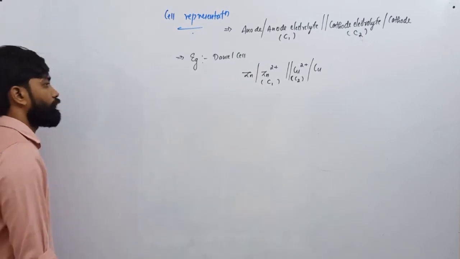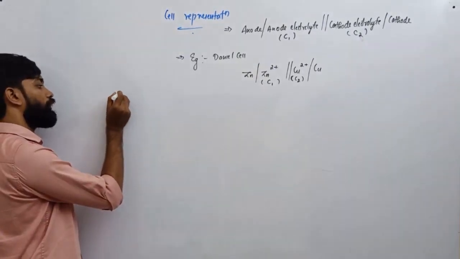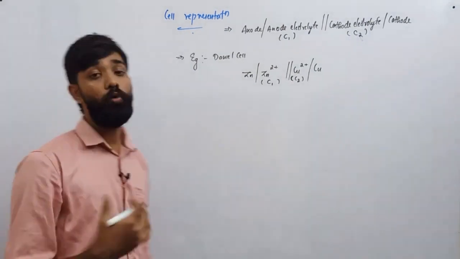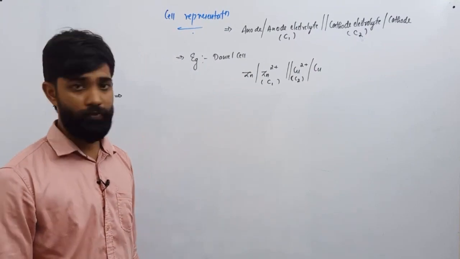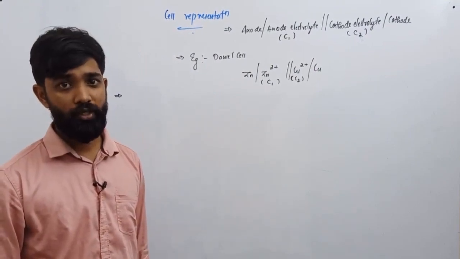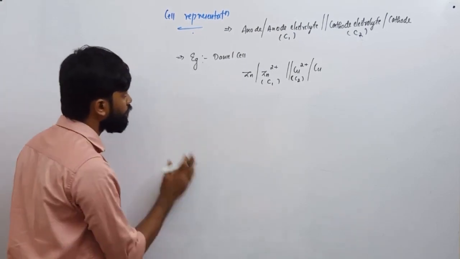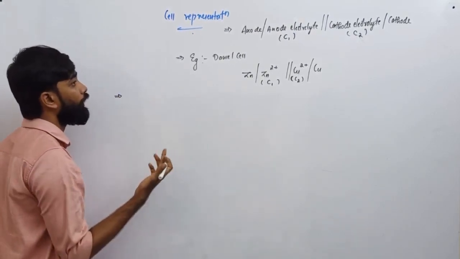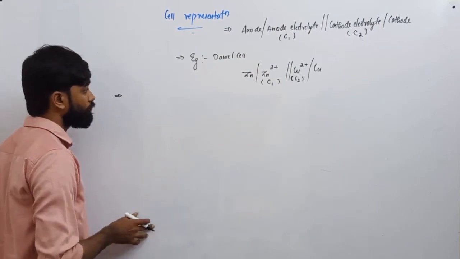Now, you want to study how to write a cell reaction using a cell representation. If you are given the cell representation, then how can you show the overall cell reaction?